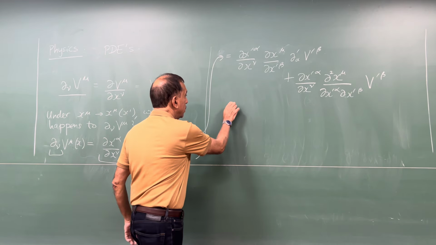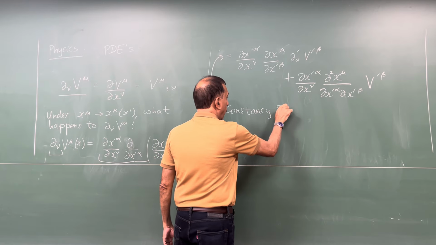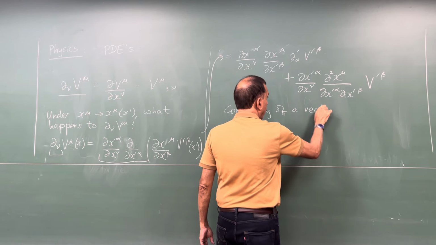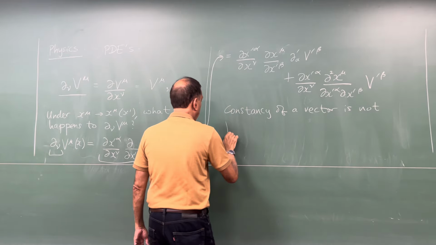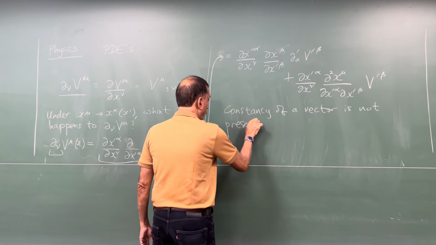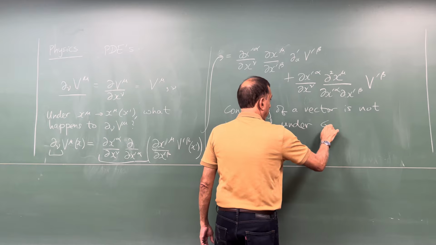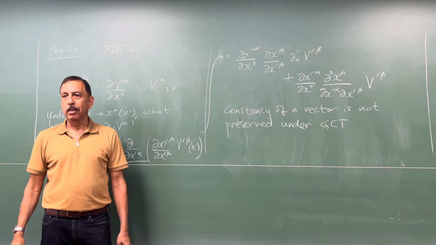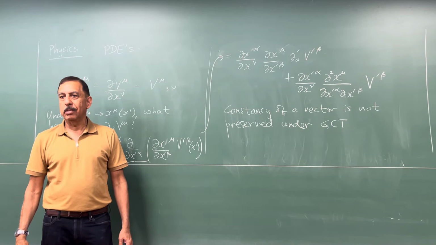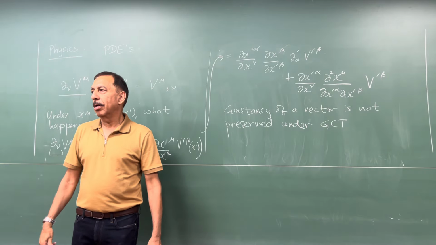So, constancy of a vector is not preserved under, so I'm going to introduce this abbreviation, general coordinate transformations. Any invertible change of coordinates. Constancy is not preserved. Okay.